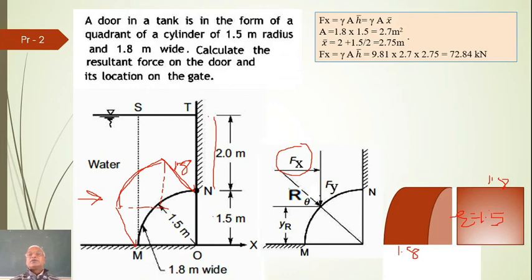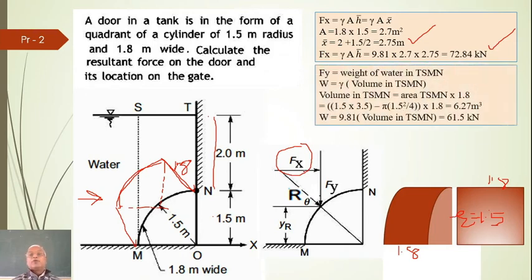So that is 2.75. Now if you work out Fx by the formula gamma A h bar, 9.81 into 2.7 into 2.75, 72.84 kilonewton would be the horizontal force Fx.